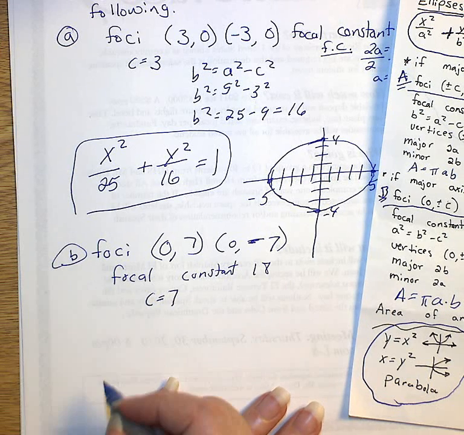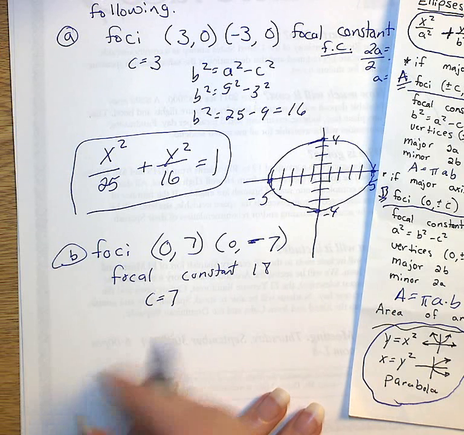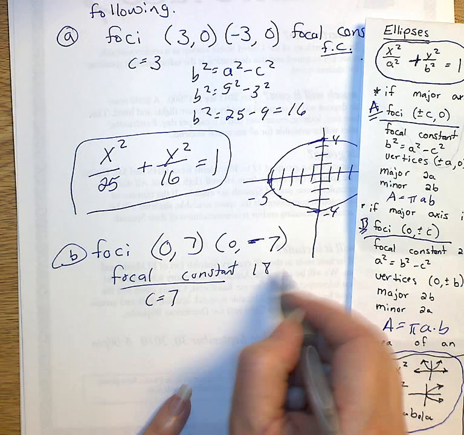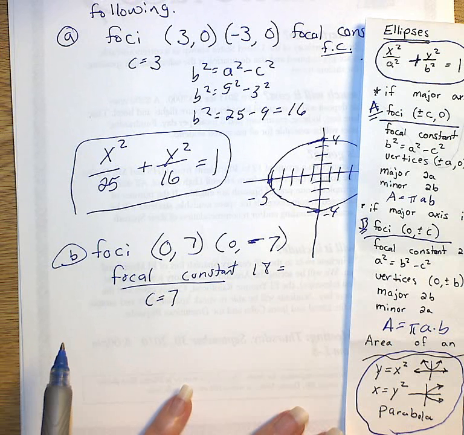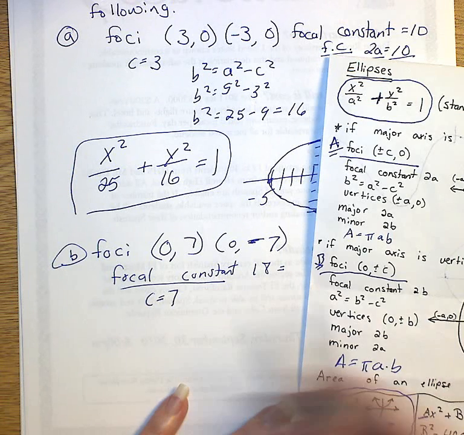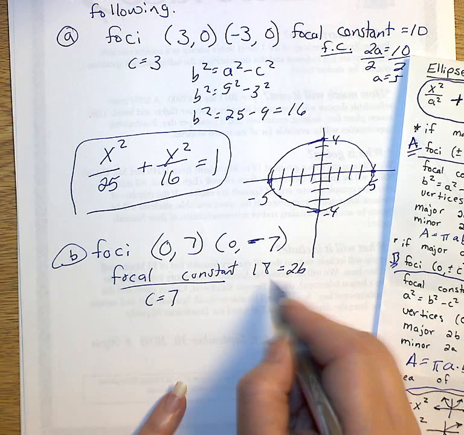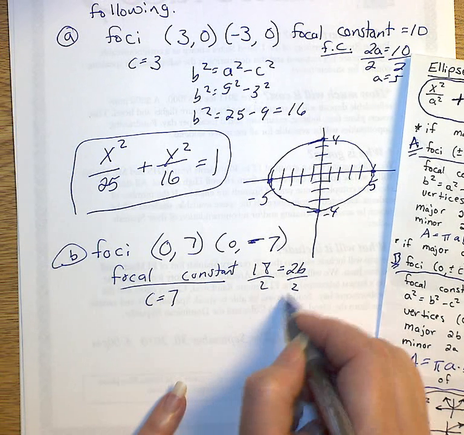All right, Madison, what does my focal constant equal? What does this 18 equal? 2b, right. So this equals 2b, so I divide by 2 and b equals 9.